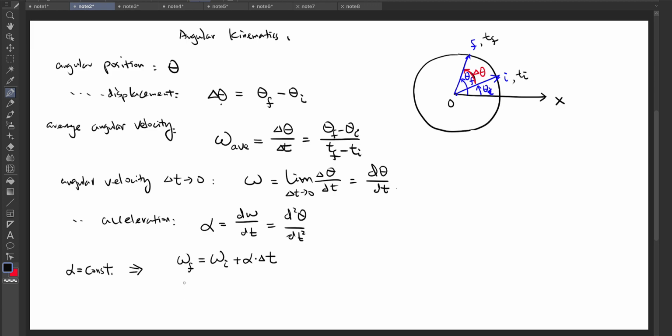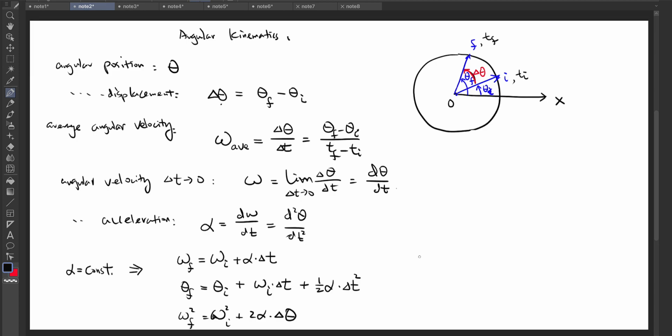Okay, so we can say the final position is given by initial position plus the initial velocity times delta t plus 1/2 the contribution from the angular acceleration, 1/2 alpha delta t squared. Okay. We also have the final velocity and the initial velocity relation, related to the angular displacement.